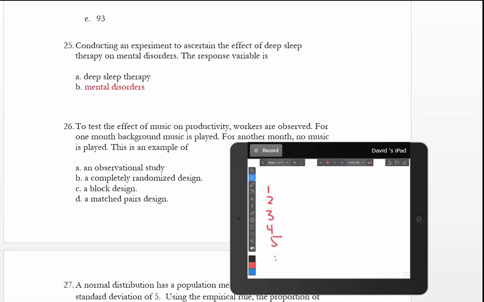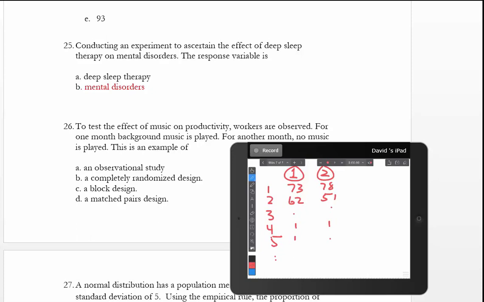And if we then get in month 1 their performance measure, and in month 2, in other words, 1 was when they had background music, and number 2 is when they didn't. And then we had some productivity levels, and it went like that. This is a matched pairs. It's actually even a subset of that, a repeated measures kind of test.